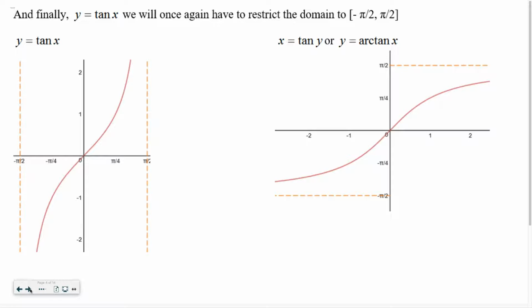This is actually a graph that will become very important, so having this in the back of your memory is not a bad idea. The visualization of this is tangent, reflecting it for inverse tangent. It looks a lot like what happens with a cubic and a cube root function.